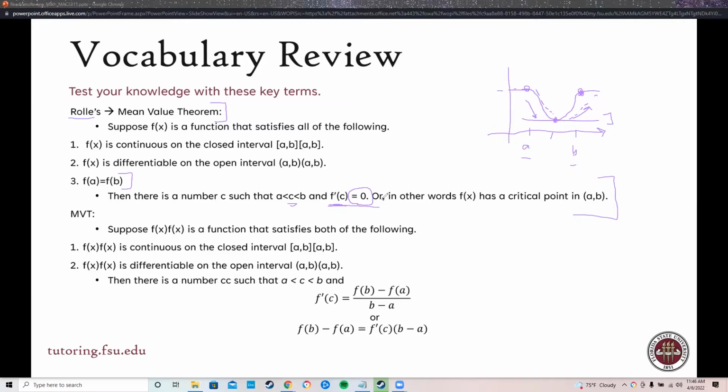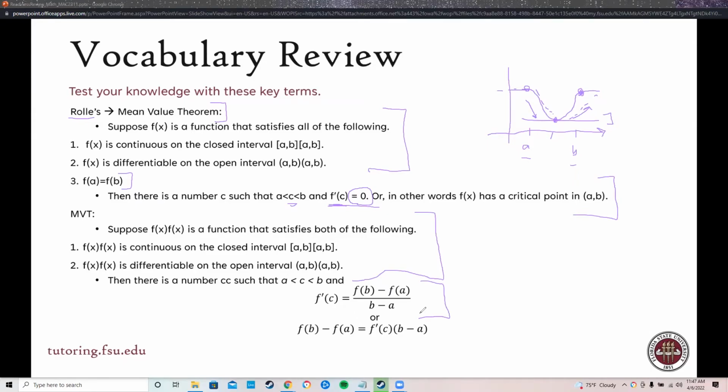The mean value theorem is more of an extension of this type of process. So suppose that all of those earlier conditions were satisfied, and now we're trying to say that there exists a derivative within this function, because right here is essentially the framework for the definition of a derivative.